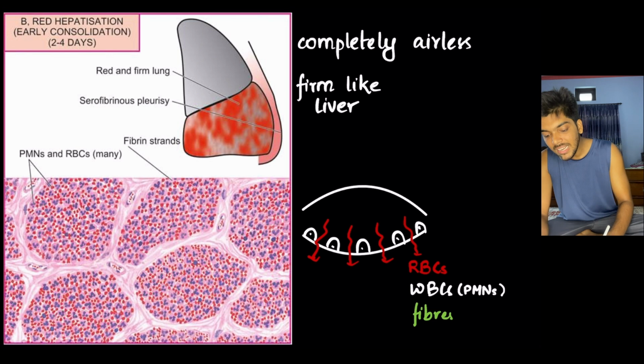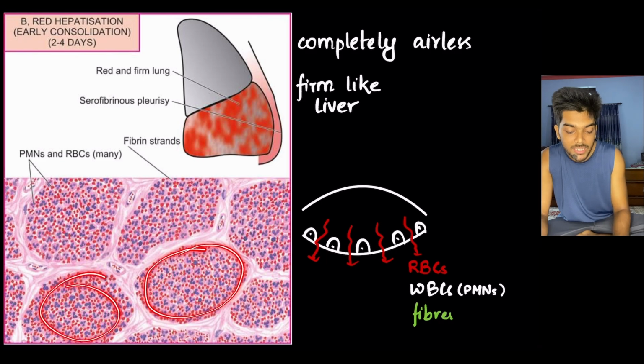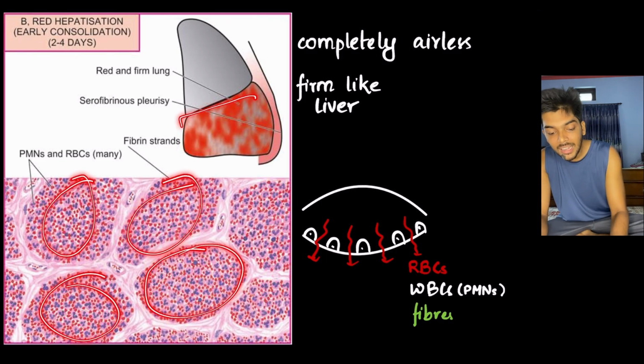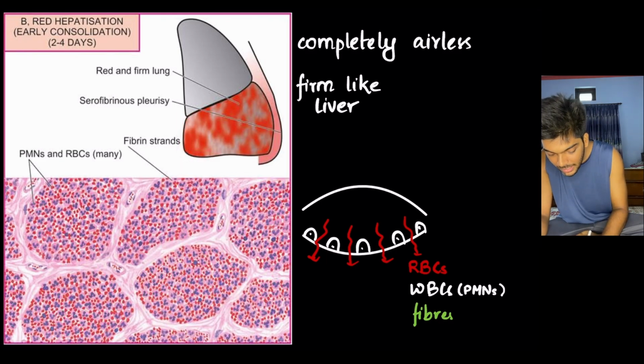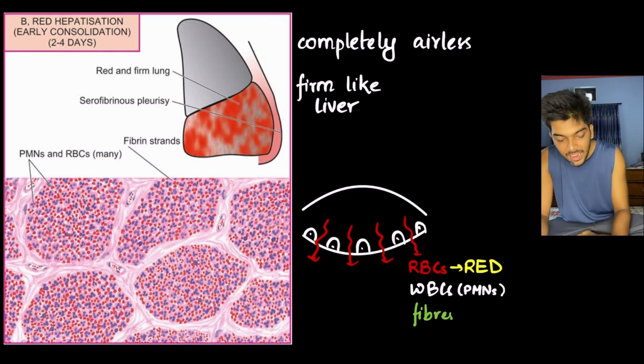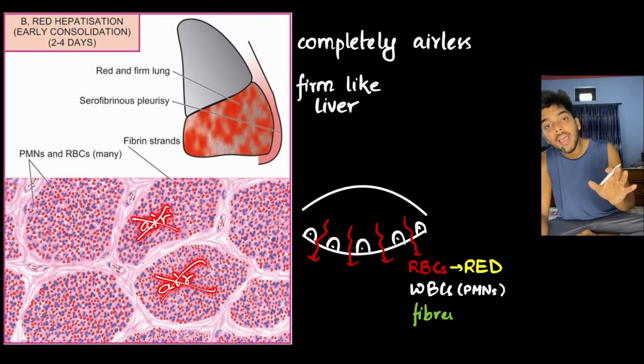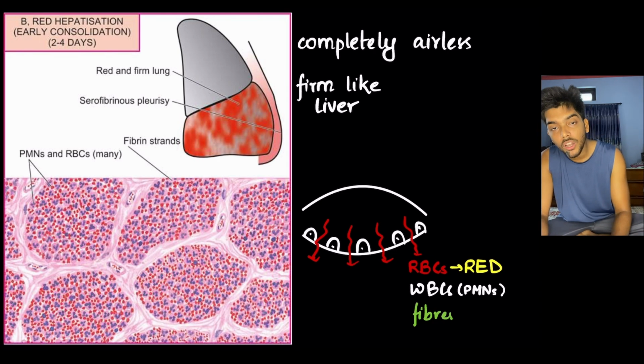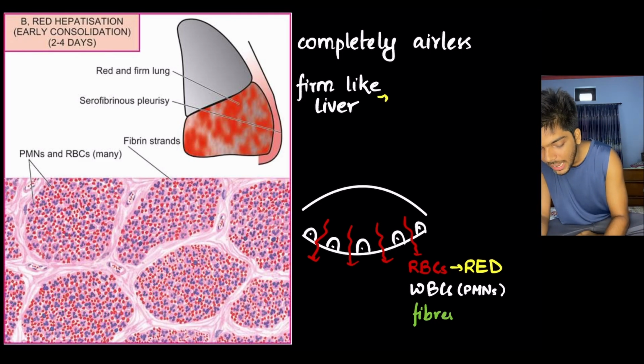Due to the leakage of red blood cells from inside the blood vessel, the red blood cells are filling the alveolar spaces now. So the lung appears red. The air that was inside the alveoli is now completely replaced by cells. As a result, the lung becomes firm like liver, so called hepatization.